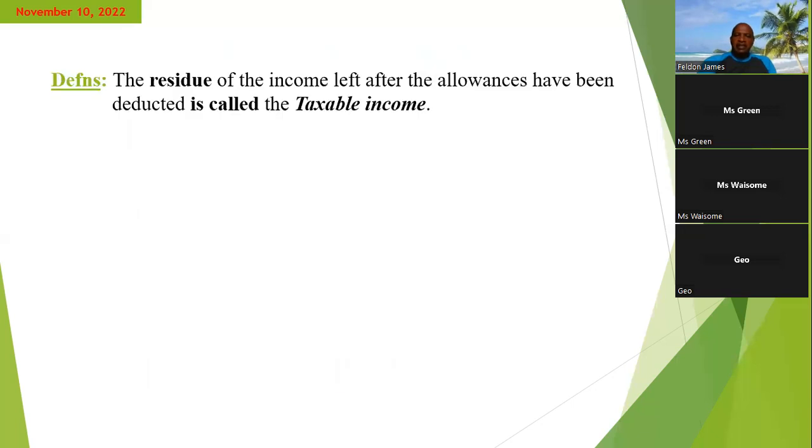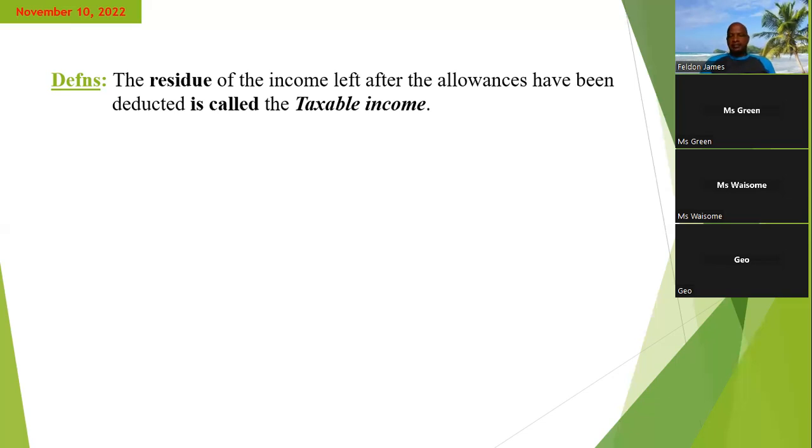All right, so they have a list of things that they will give you allowance on. Normally, it will be listed in the question what your allowances are. So, definition here: the residue of the income left after the allowance has been deducted is called taxable income.